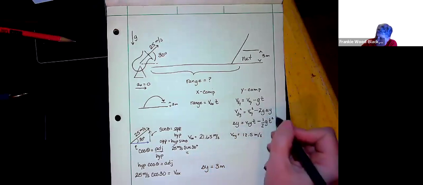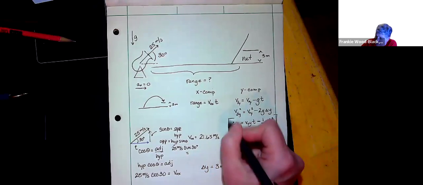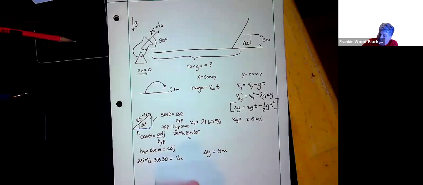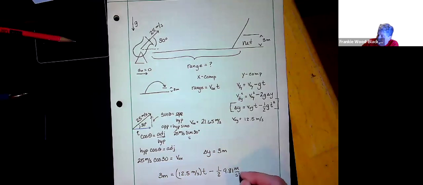So if I look at this equation right here, we can set that up. So I'm going to have 3 meters is equal to 12.5 meters per second times time minus 1/2 9.81 meters per second squared times time squared.